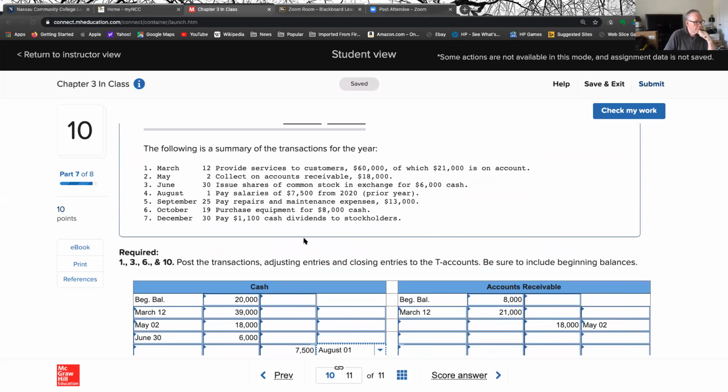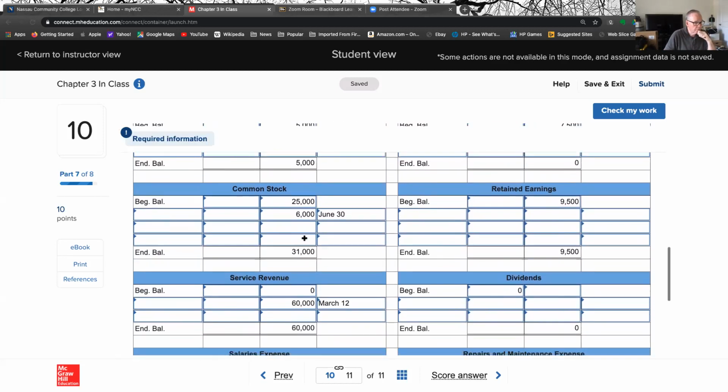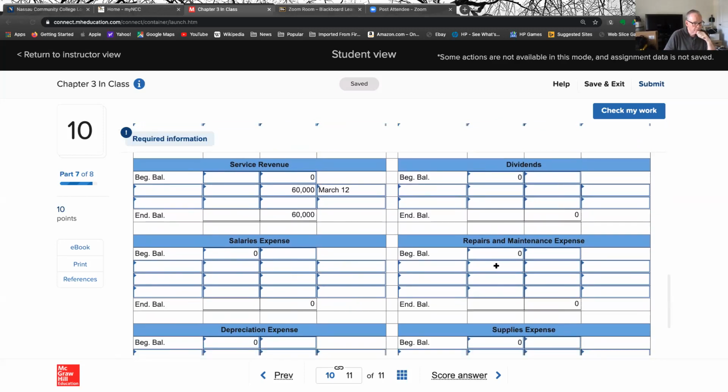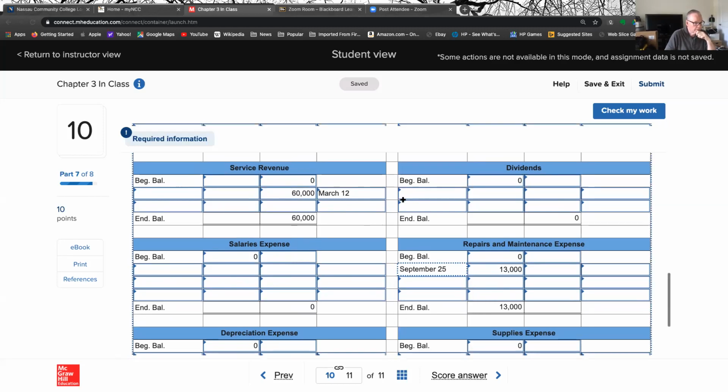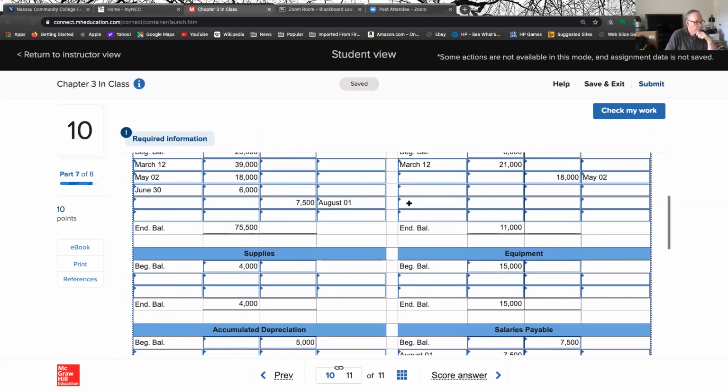Pay repairs and maintenance 13,000, so we should have repairs and maintenance expense 13,000. And credit cash.